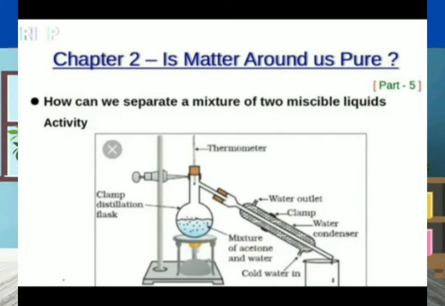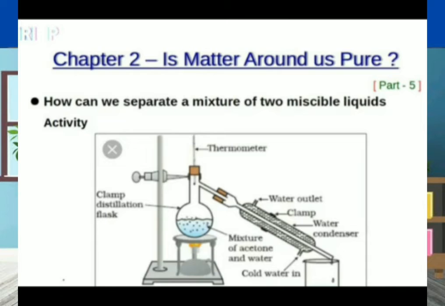At a particular temperature, the acetone vaporizes and condenses, so it will be collected at the condenser outlet. The boiling points of acetone and water are different. So, at a particular temperature, the acetone vaporizes.